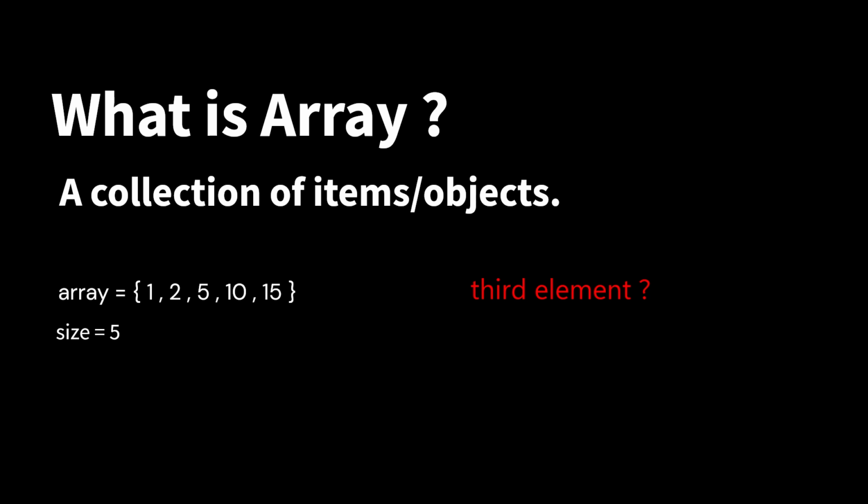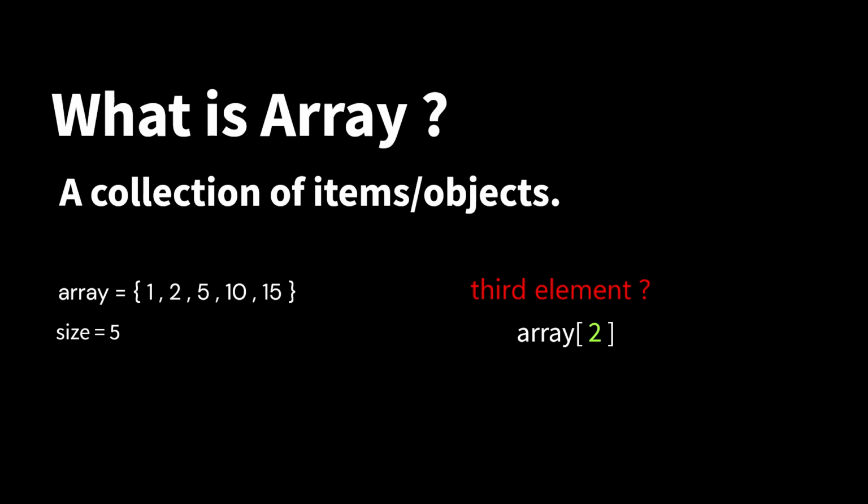You write the name of the array, and then you start with the square bracket. When you have to find the third element, you write 2 within these brackets. Now you will be asking me, I wanted to find the third element, why am I writing 2 here? Let me explain. Let's take another example first.